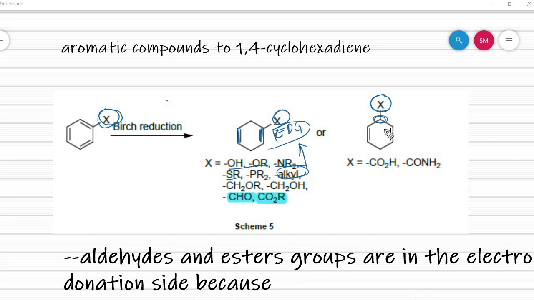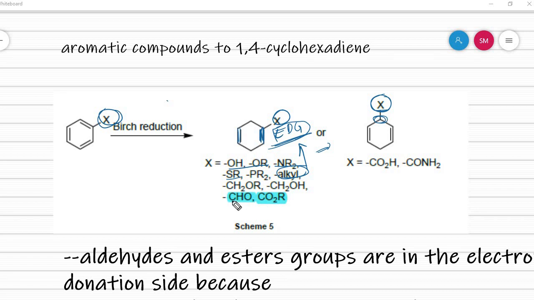The carbon attached to the withdrawing group is going to reduce, and the carbon attached to the electron donating group will not reduce. That is the difference. We are going to see this by mechanistic studies in depth, so that you can understand why the donating group only reduces at positions other than its attached position, and why the withdrawing group reduces the carbon attached to itself.